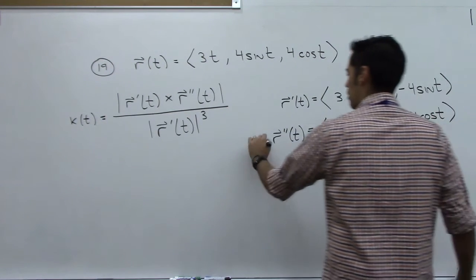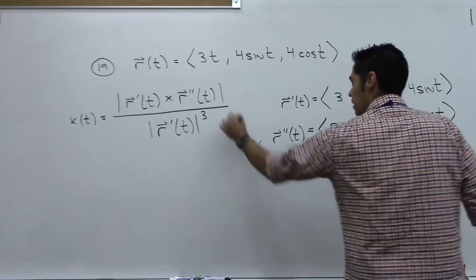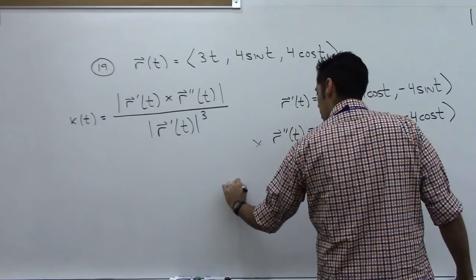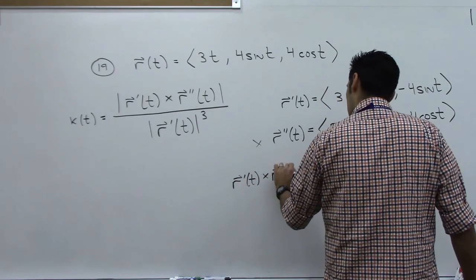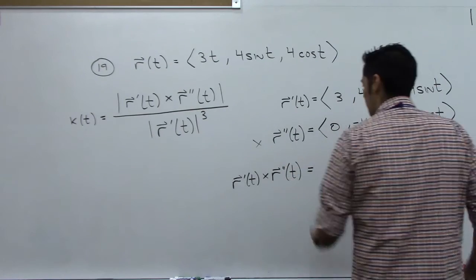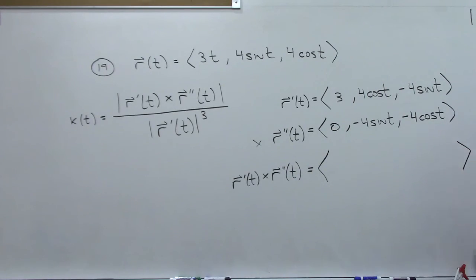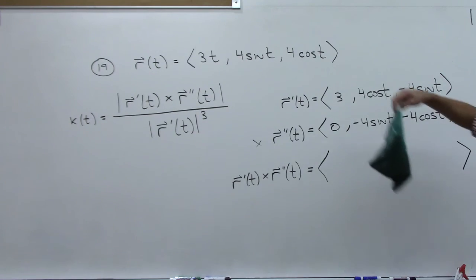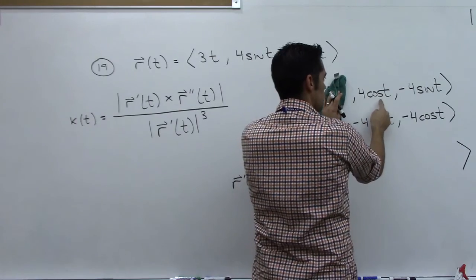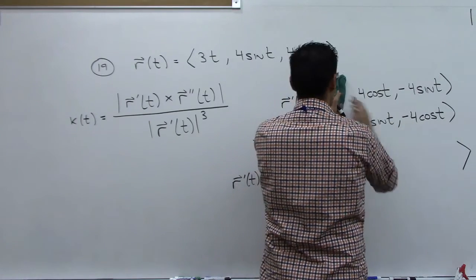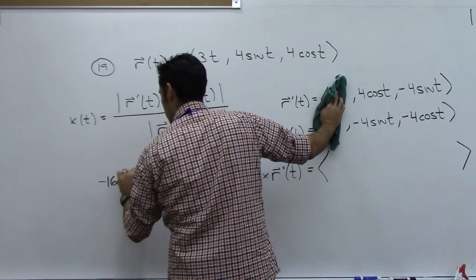So I'm going to actually do their cross product here, r prime crossed with r double prime, and I'm going to get a vector. If I cover up the i, I get 4 cosine t times negative 4 cosine t, which is negative 16 cosine squared t.